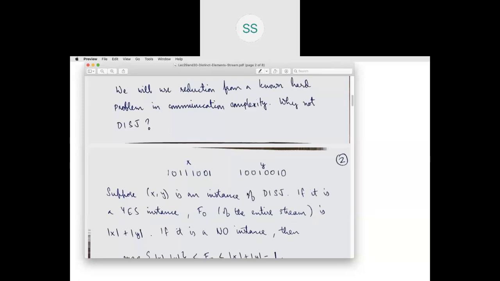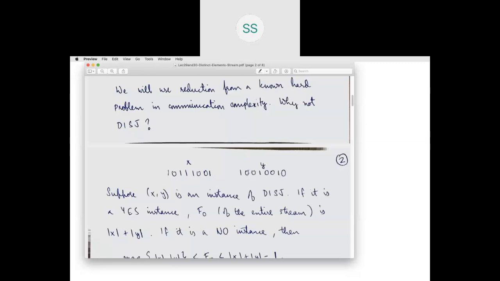You can think of these strings as 1 followed by 3, 4, 5 followed by 8, and this is 1 followed by 4 followed by 7. So you can think of it as a sequence 1, 3, 4, 5, 8, and this is 1, 4, 7.